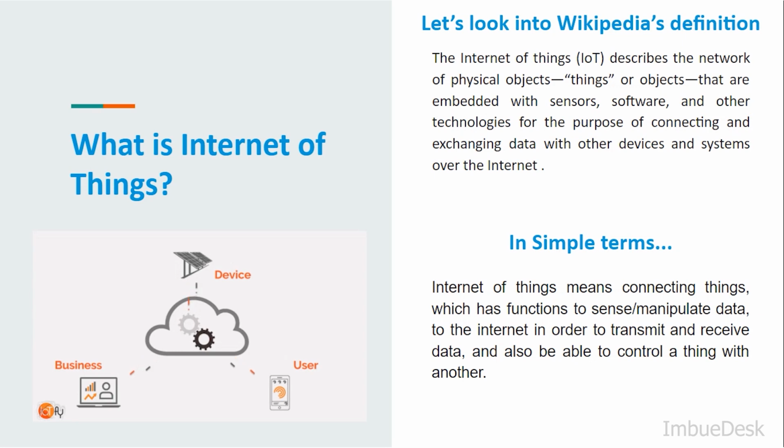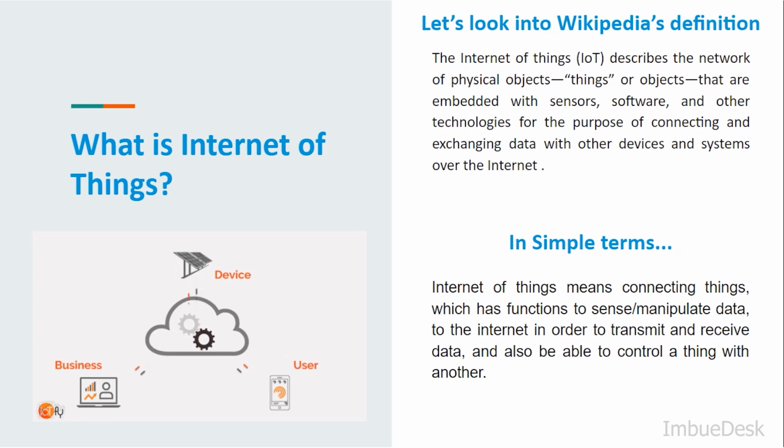So the full form itself can be broken down into parts to help understand the definition of IoT. Things means objects which are capable of sending and or receiving data. Internet means interconnecting these things according to the requirement.